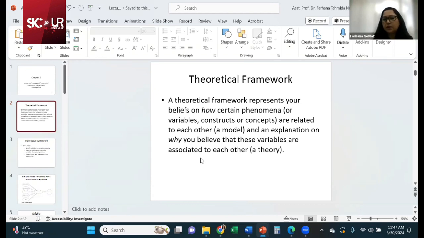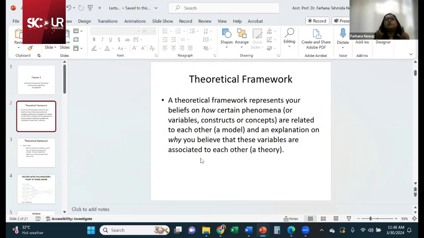So your theoretical or conceptual model represents your beliefs on how certain variables are related to each other. Based on the variables we select for developing our model, we draw the picture and the arrows to show which variable is related to which variable and how they are related. That will be called a model.